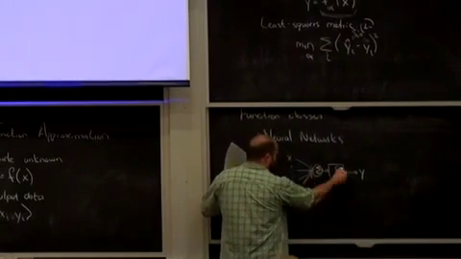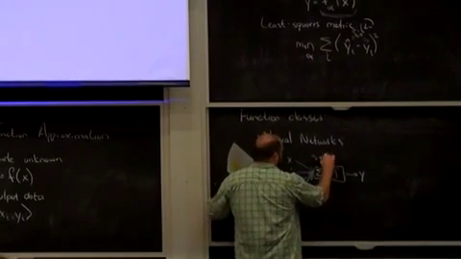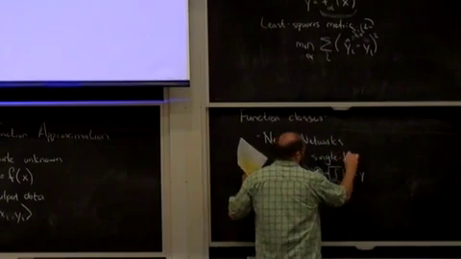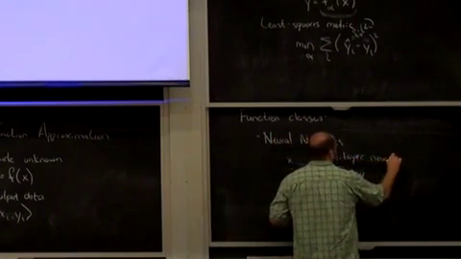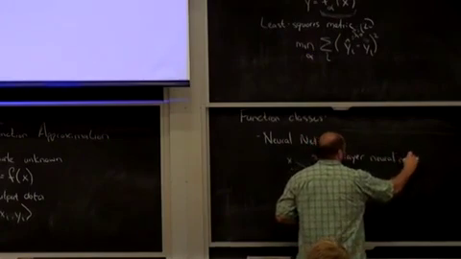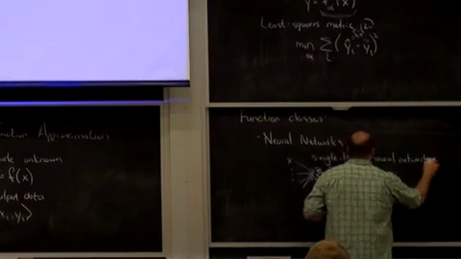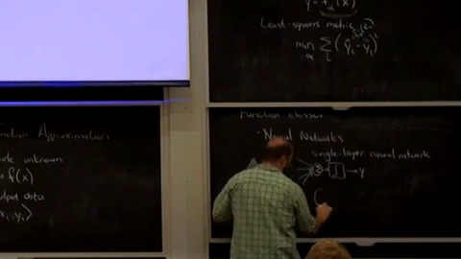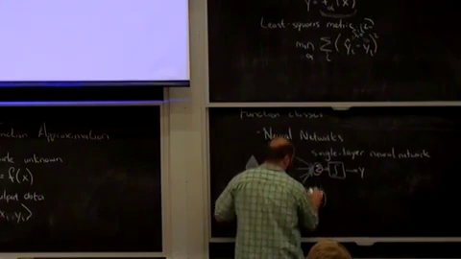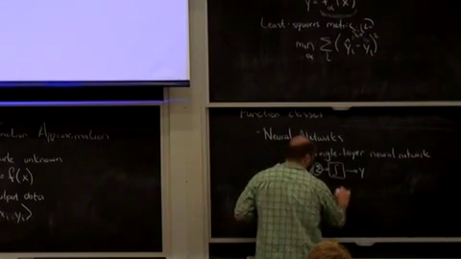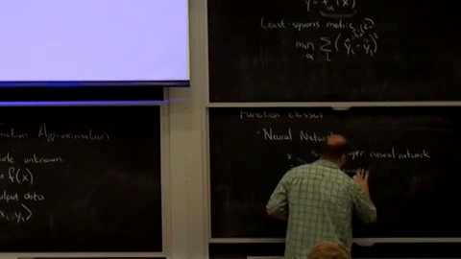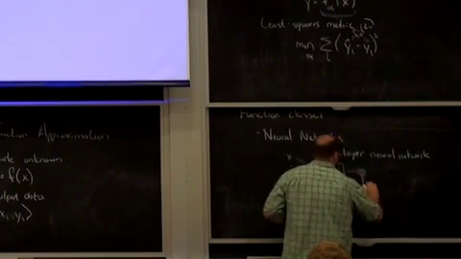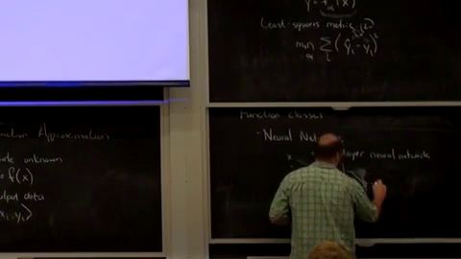And moreover, this is the single layer neural network. If you have lots of different input functions, and they potentially add up to y, for instance.